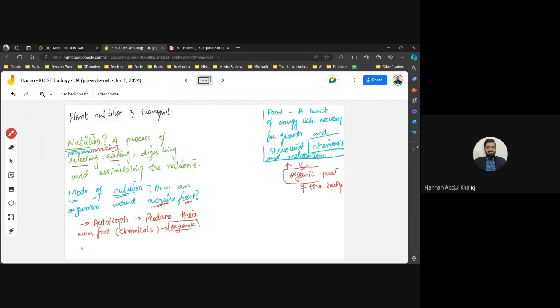Okay. The other terminology is heterotrophs. Heterotrophs are those which have to obtain those organic chemicals from different resources.